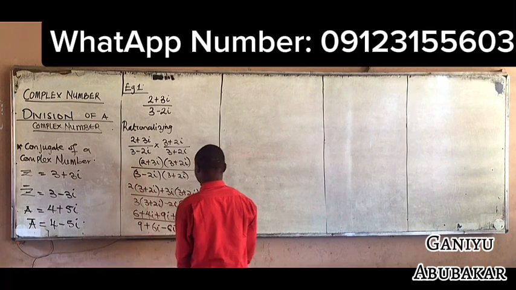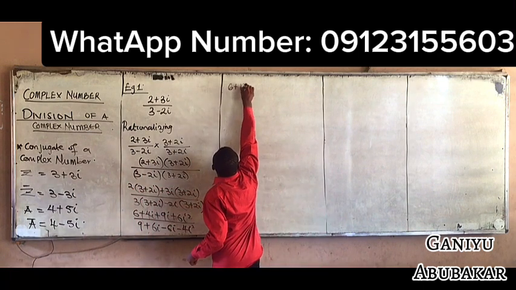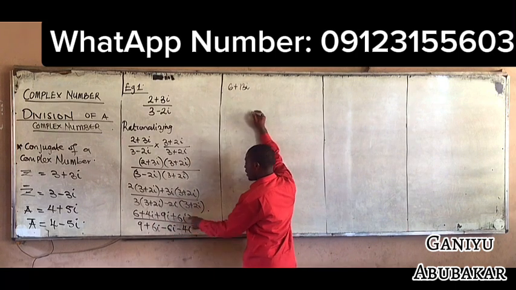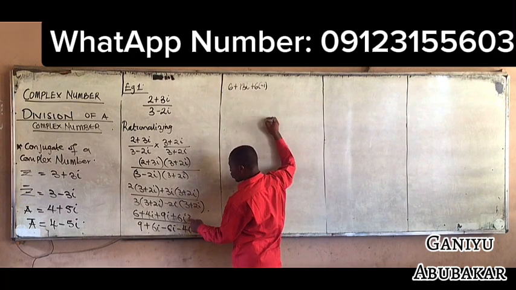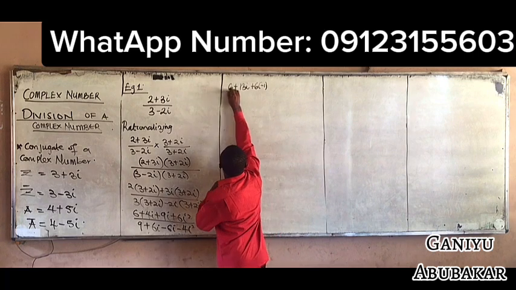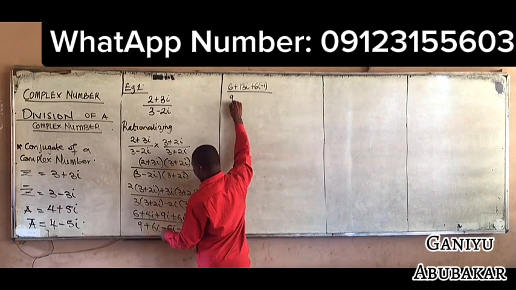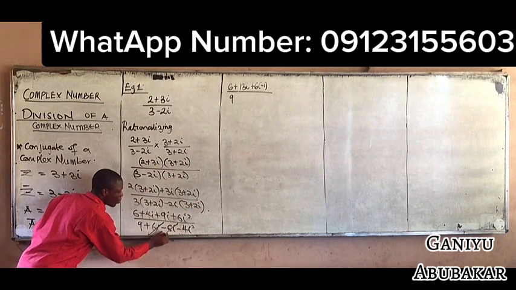At this point here, I'll have 6 plus 13i, because 4i plus 9i becomes 13i. Next up, plus 6 into minus 1. Of course, i squared is minus 1. So all over, I have 9. Of course, plus 6i, we cancel out minus 6i.